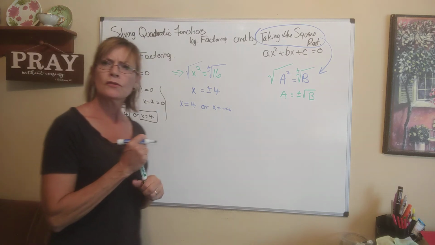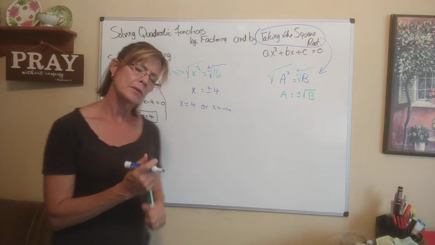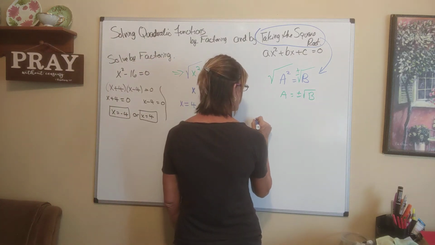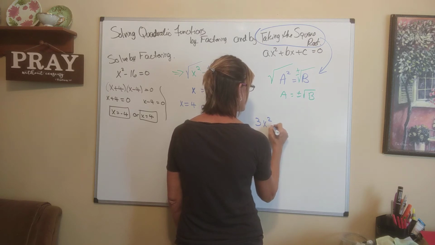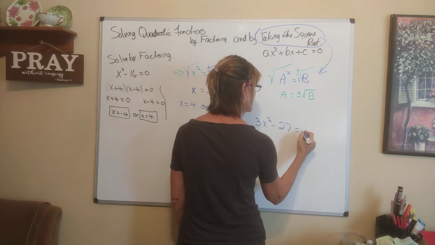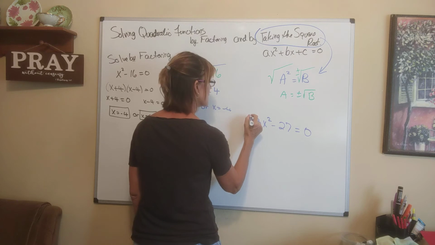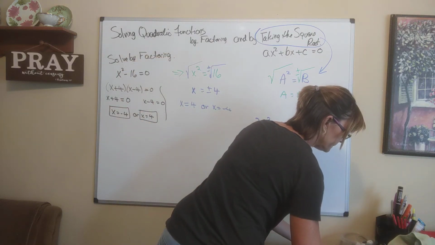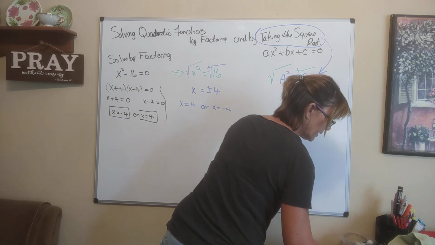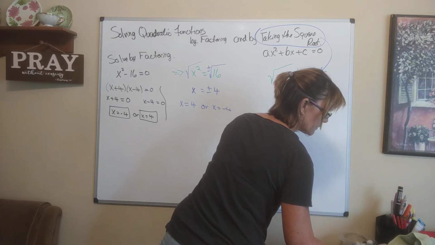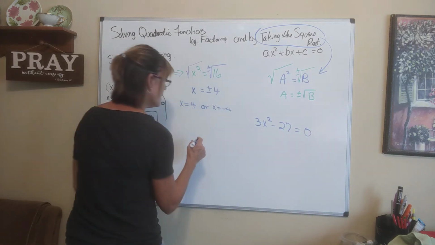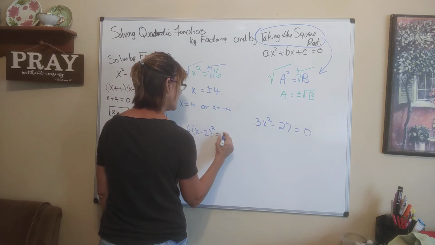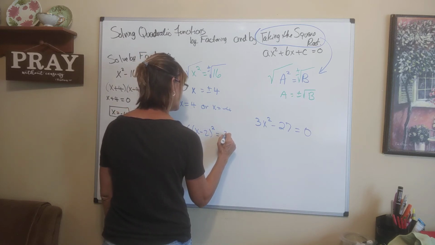So real quick, let's just do a few extra examples of solving by taking the square root. What if they say solve 3x squared minus 27 is 0? Let's solve this one. What if they give us something like 6 times (x minus 2) squared is 36?